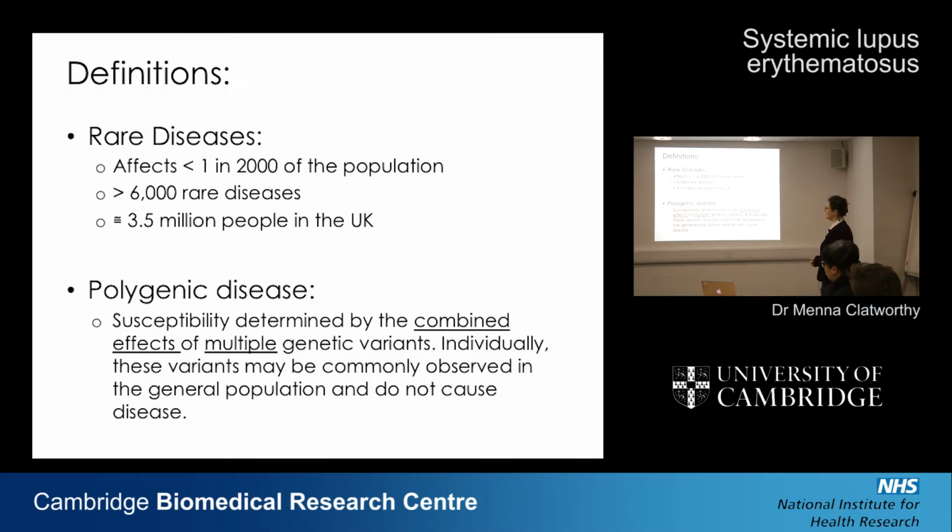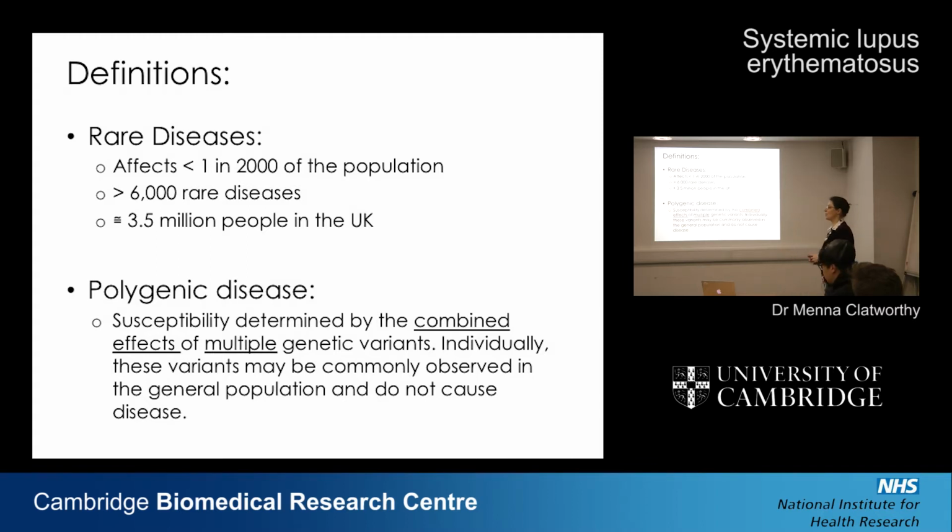So lupus is a polygenic autoimmune disease, and you've heard a little bit about one of these already. You've heard about inflammatory bowel disease. And what we mean by that is that unlike monogenic diseases, for someone to get lupus, they have to have abnormalities or genetic variants in more than one gene that together contribute to the development of disease.